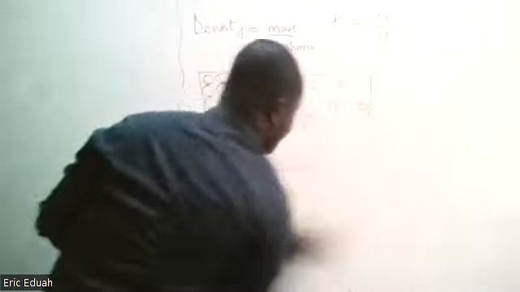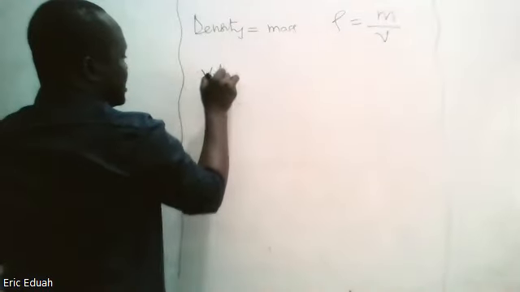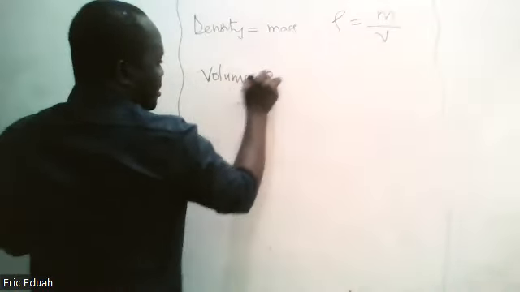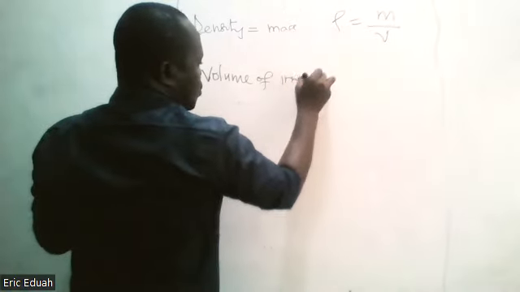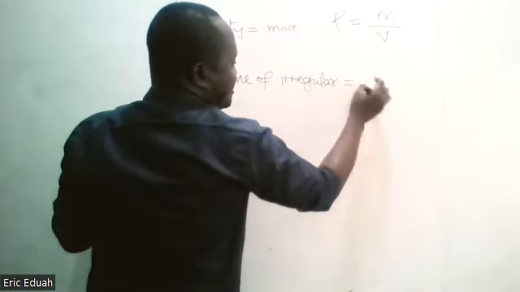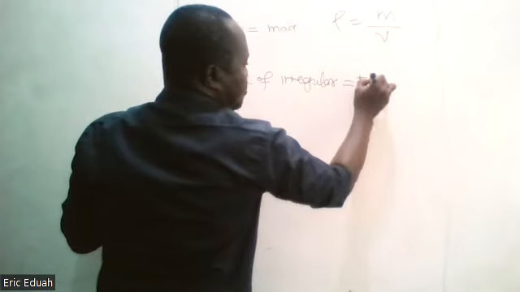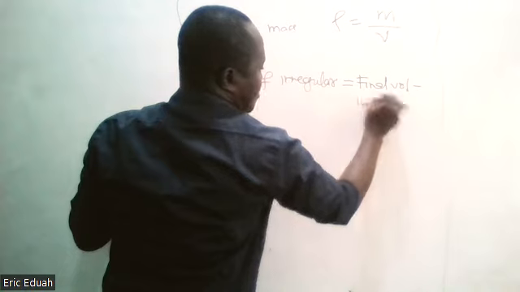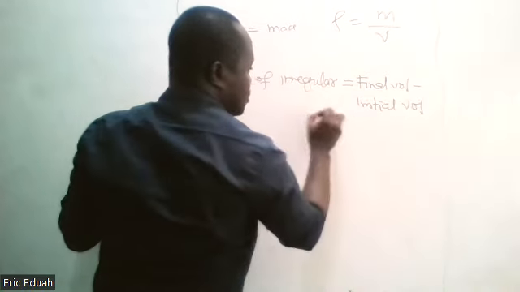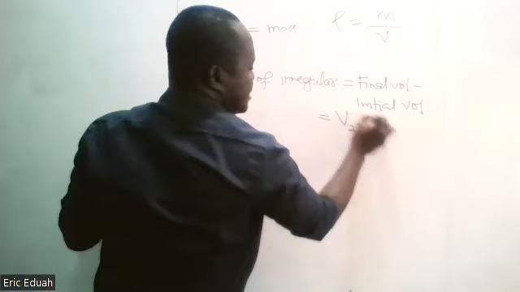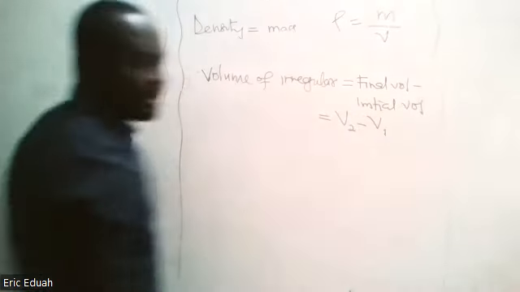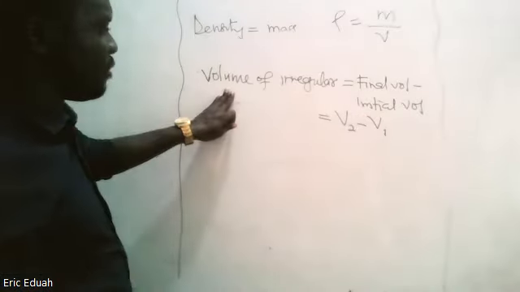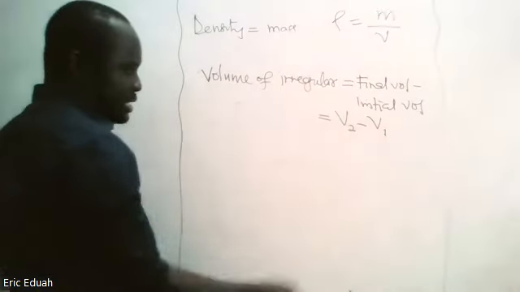Therefore, the volume of the irregular object or stone becomes final volume minus initial volume. So we have V2 minus V1, and this becomes the volume of the irregular object, in this case, the stone.